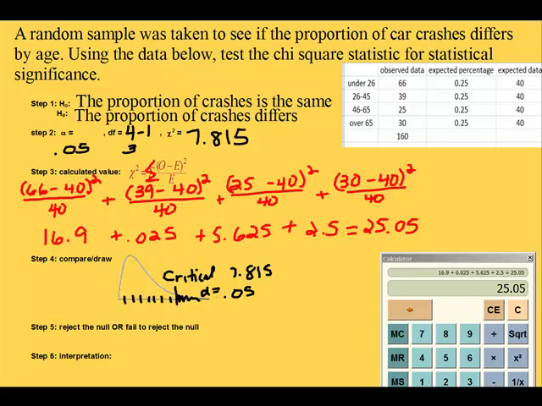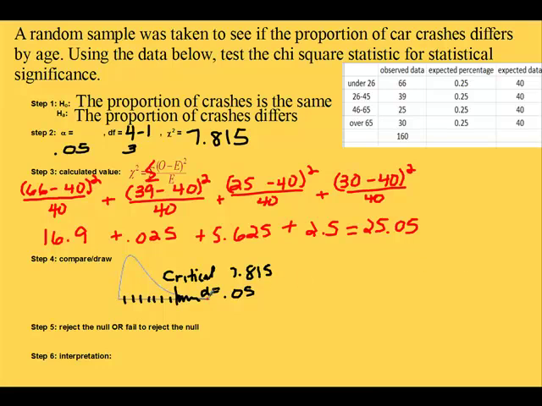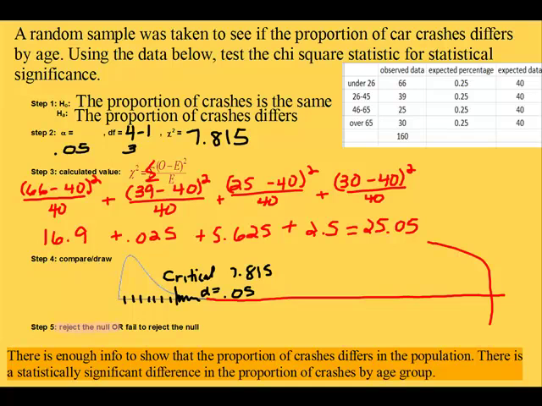But my calculated value, I'm going to get this out of the way because I'm going to need some room, is way over here. Definitely in the rejection region. We will, in fact, reject that null. And so our interpretation, there is enough information to show that the proportion of crashes does differ in the population. Or we could say there is a statistically significant difference in the proportion of crashes by age group.